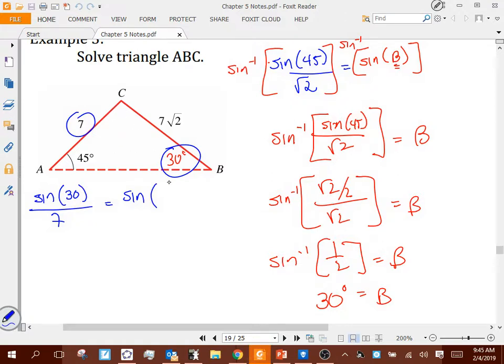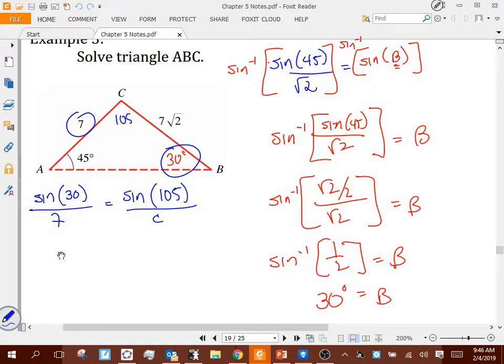What is it? 105. Over, I don't know this, so I'll call it lowercase c. I could have also used sine of 45 over 7 radical 2 here, right? But I wanted to avoid using the radical.